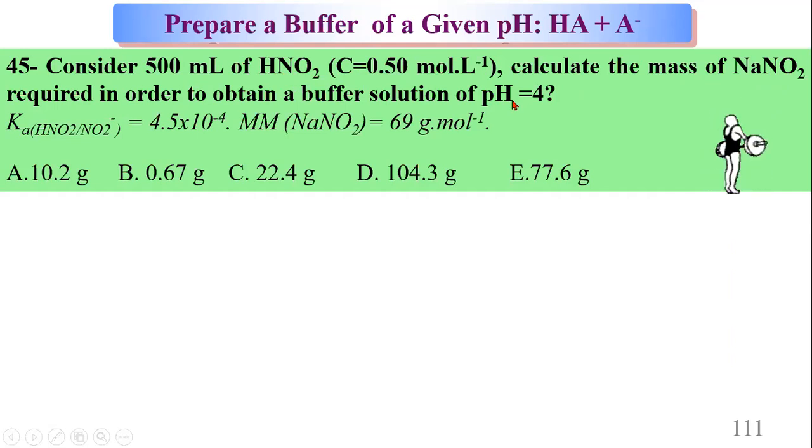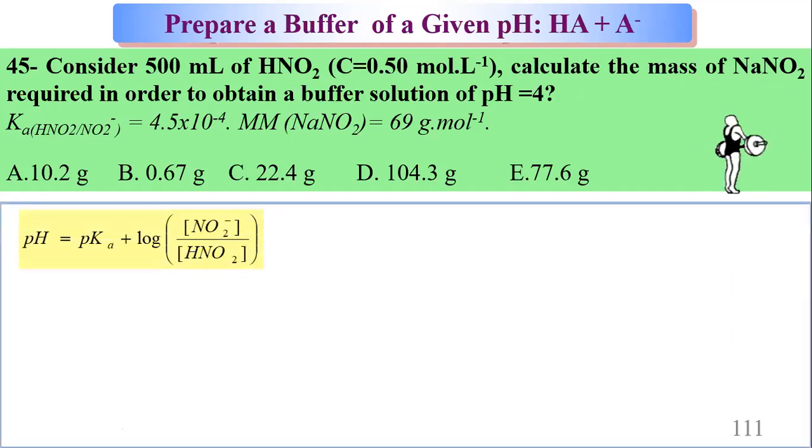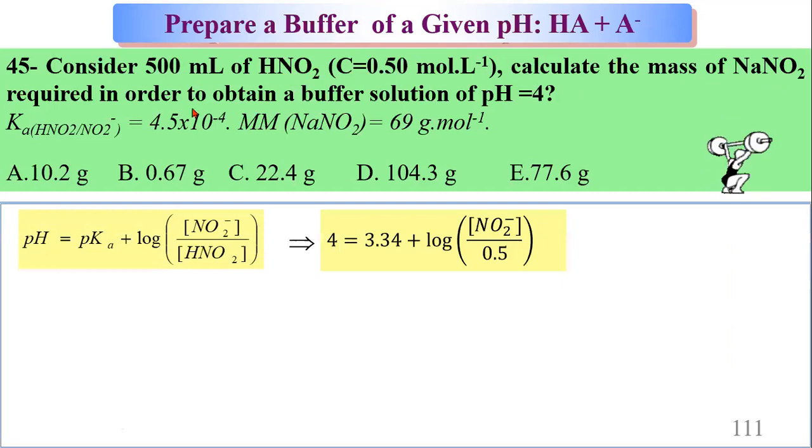So again, in these types of questions, I have the buffer pH. It's already given. And I may or may not have the concentration of the acid in solution. So again, we start with Henderson. We have the buffer pH, so put that in.